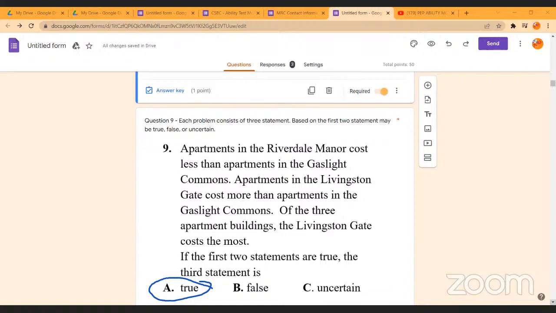So we have position number 1. Who is in position number 1? Is it the apartments in the Riverdale Manor or apartments in Gaslight Commons?